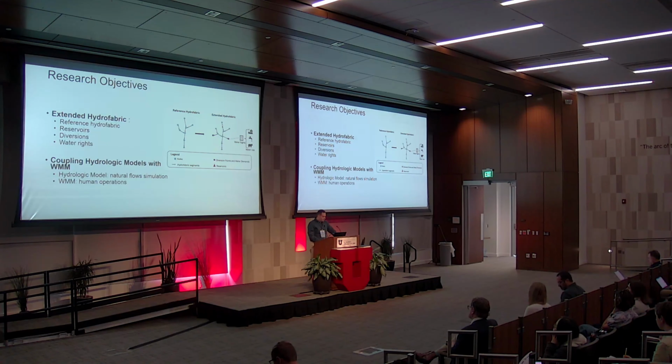We developed automated workflows to generate two key outputs: the extended hydrofabric, a geospatial data product, and a relational database to organize administrative and operational data. Together, these create a pathway for constructing and coupling water management models with existing hydrologic frameworks. For example, we can use the inflows generated by a hydrologic model as inputs into a water management model to simulate human operations.